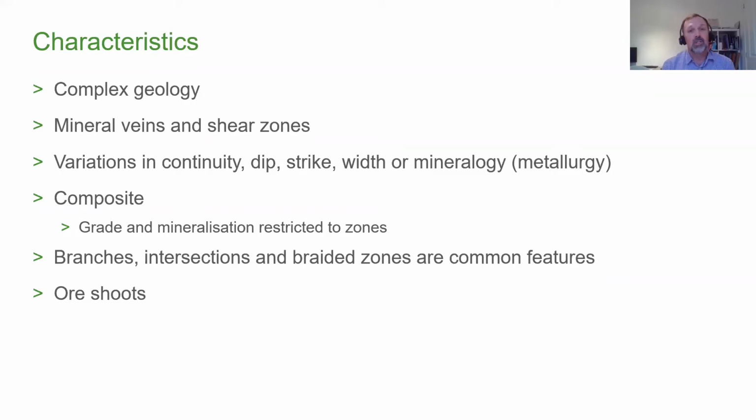There are variations in continuity, dip, strike, width, or mineralogy, and sometimes even that goes on to affect the metallurgy downstream in the plant. They're composite, so grade and mineralization is restricted into zones, which we'll look at today. They branch, and you get intersections and braided zones, which are common features, and then also ore shoots.